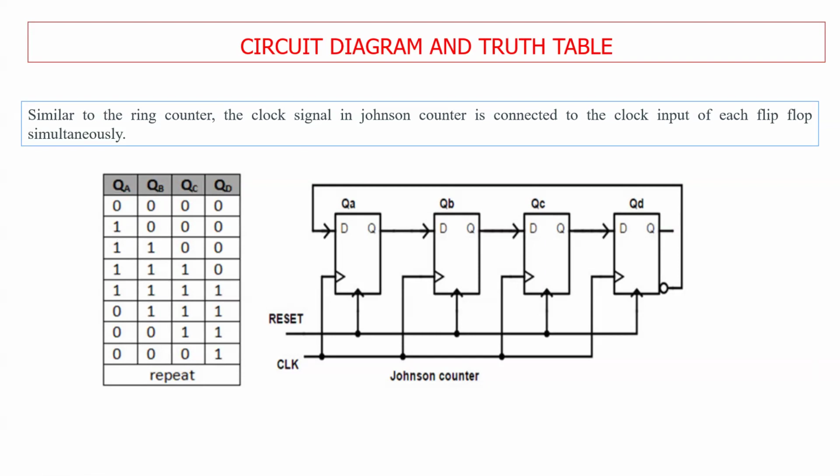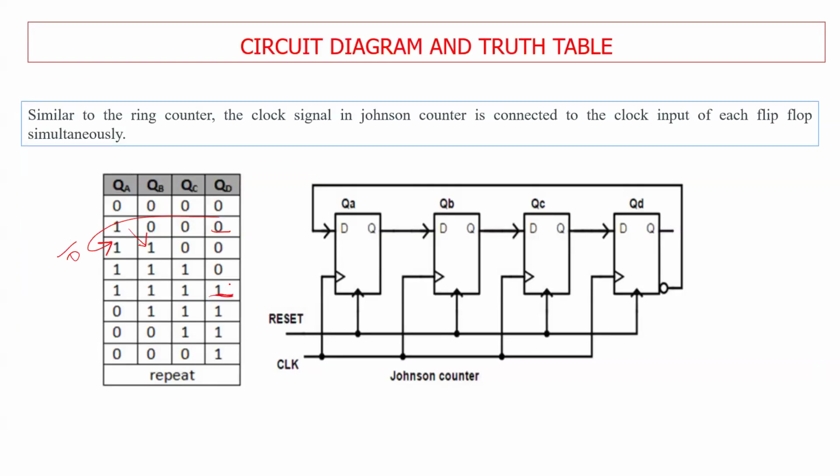Now we apply the second clock pulse. It will shift the data. The 1 is shifted to the next flip-flop, and since the last bit is 0, its complement becomes 1. Likewise all the bits are transferred.